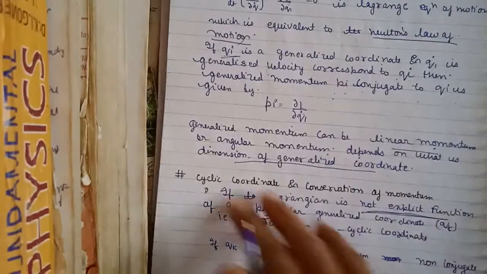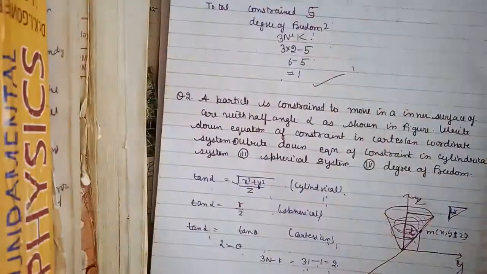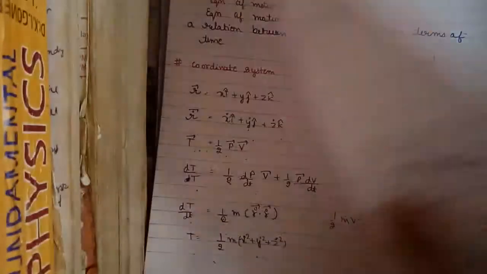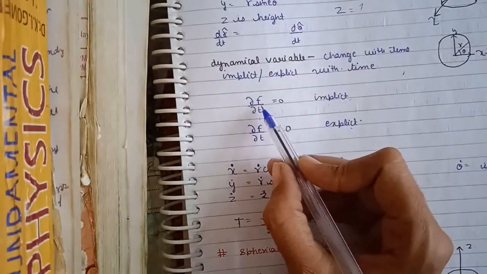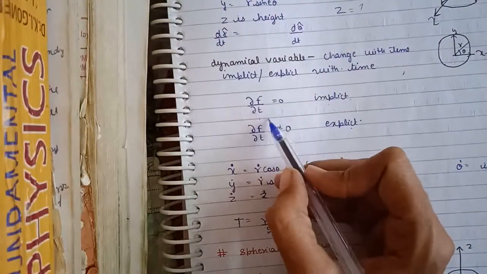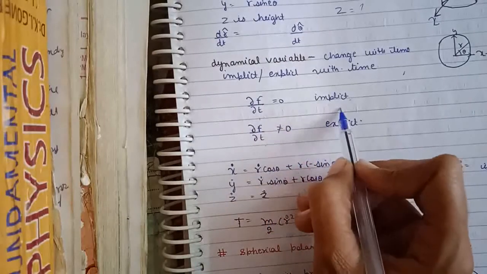As I have told you yesterday also about implicit and explicit type of functions, if something is implicit type, then differentiation of that function will give you 0.